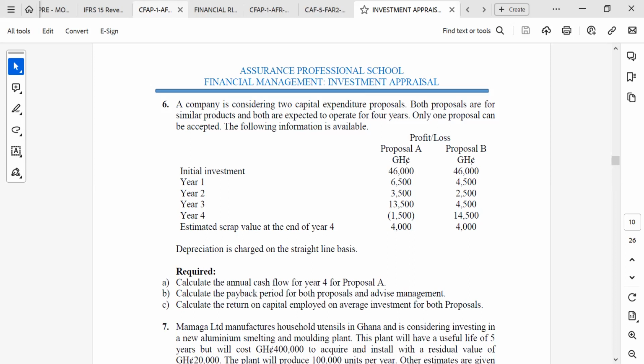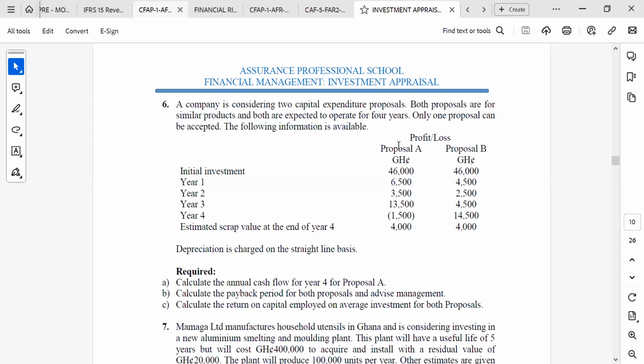Only one proposal can be accepted. The following information is available. Initial investment. Estimated scrap value at the end of year 4. Depreciation is charged on straight line basis. Required. A. Calculate the annual cash flow for year 4 for proposal A. B. Calculate the payback period for both proposals and advise management. C. Calculate the return on capital employed on average investments for both proposals.